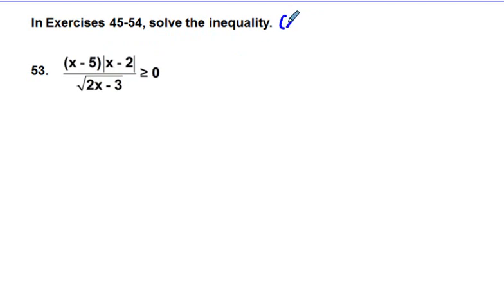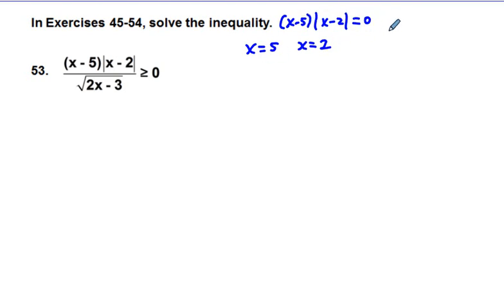So we have x minus 5 times absolute value of quantity x minus 2 is equal to 0. So we have x equals 5, and also x equals 2, because if we have x equals 2, this equation is a solution.